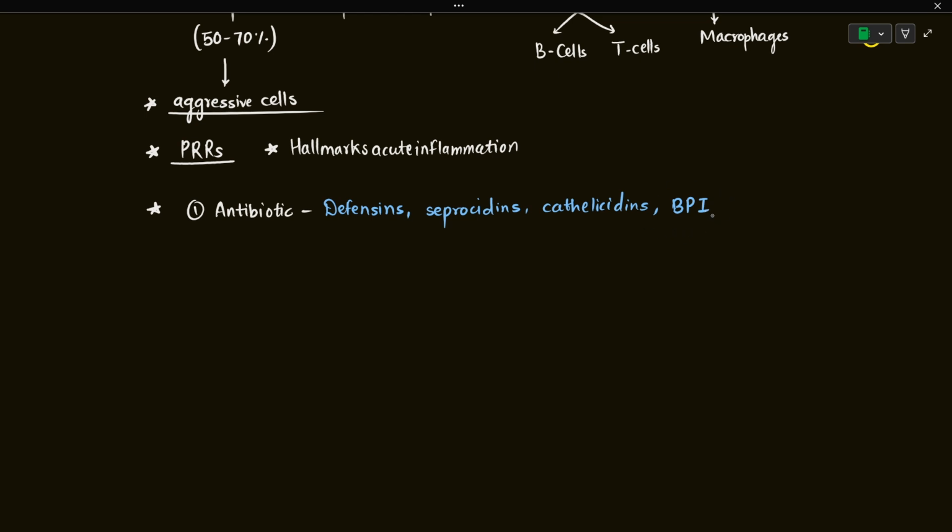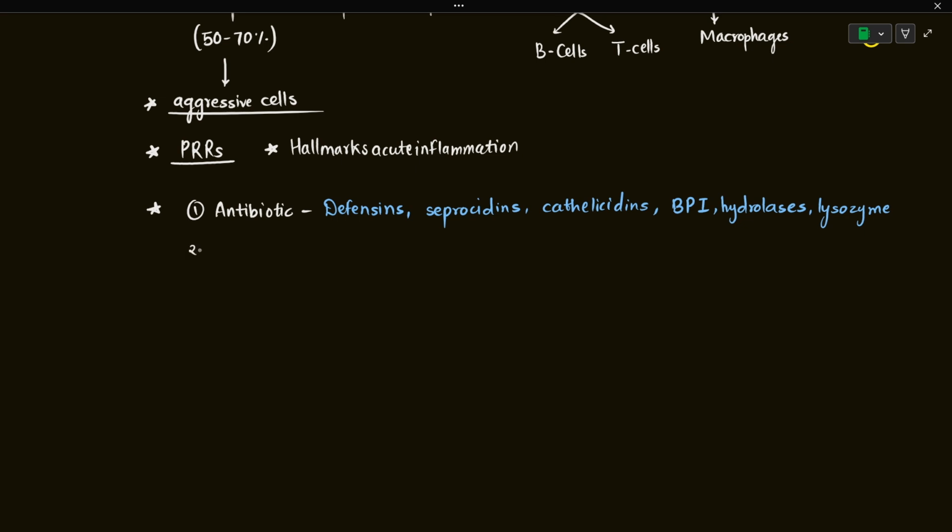This protein is going to permeabilize the bacterial membrane, which will be helpful for killing the bacteria. So they are also present in the granules of neutrophils. They also have hydrolases, and they also have lysozymes. So all of them are the antibiotic proteins, antibiotic molecules present in the granules.